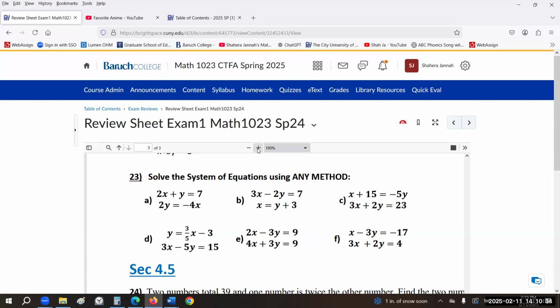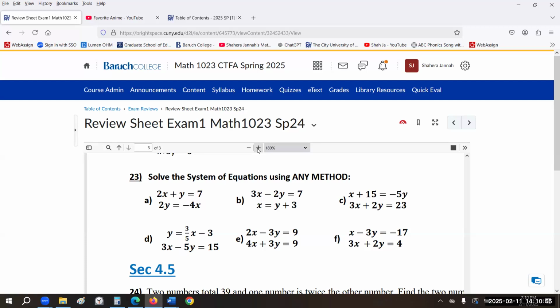What is the sign between 9 and 1? What sign do you have between 9 and y? So you have 9y equals negative 9.